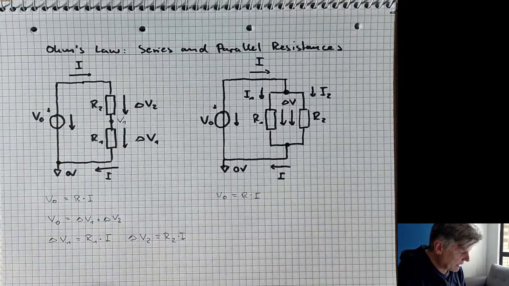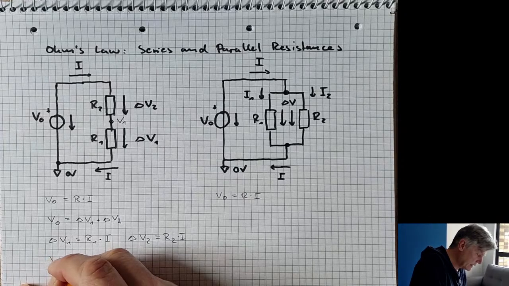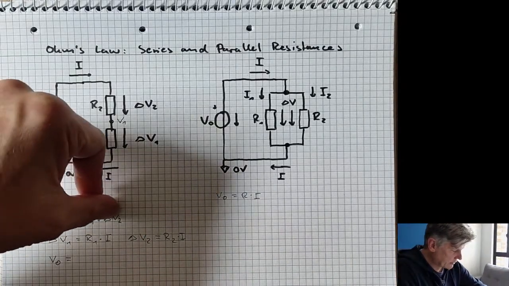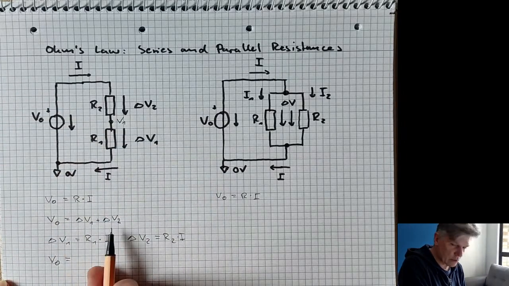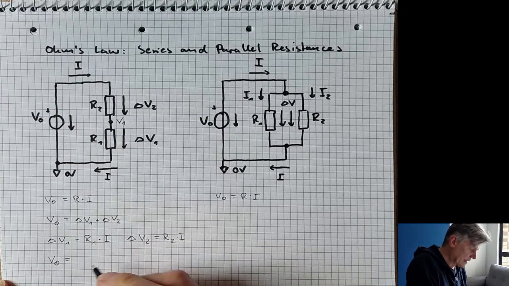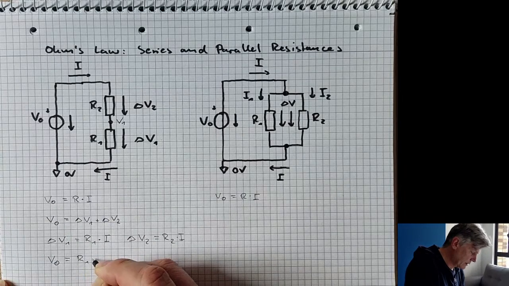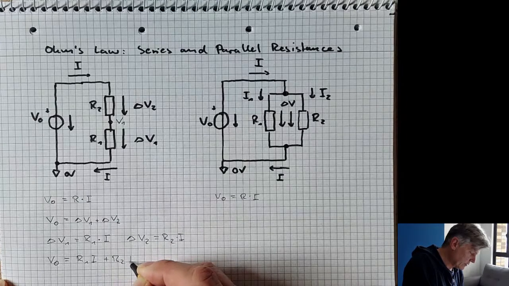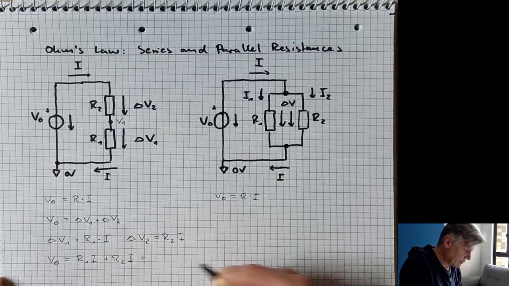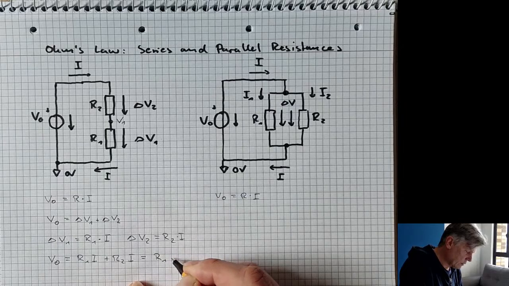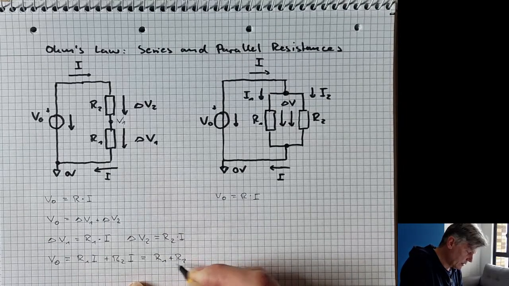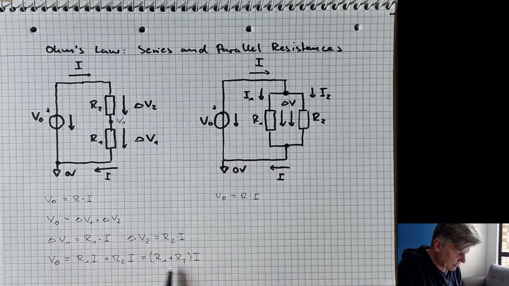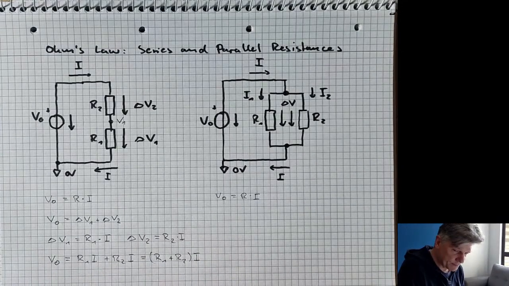And now the system balances in such a way that the total voltage drop is the sum of the individual voltage drops across the resistors, which is R1 times I plus R2 times I. And now we can factorize I, which is R1 plus R2 times I. Okay, but what is this R1 plus R2 times I?